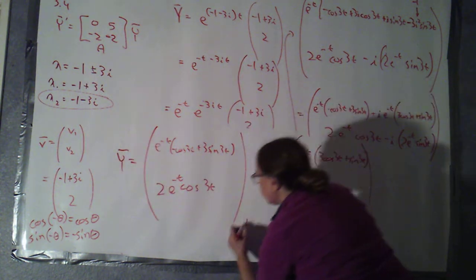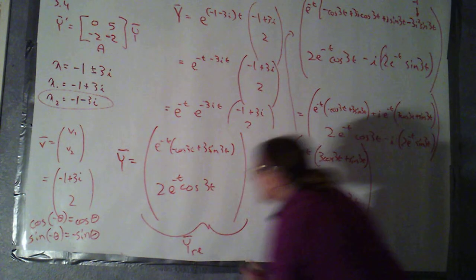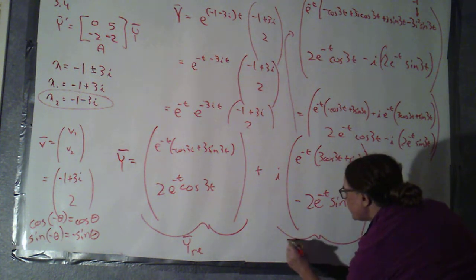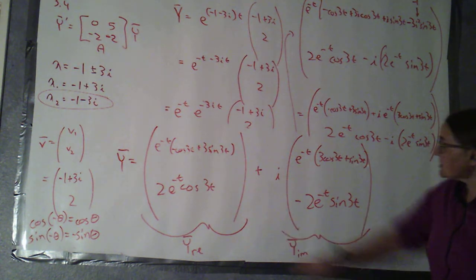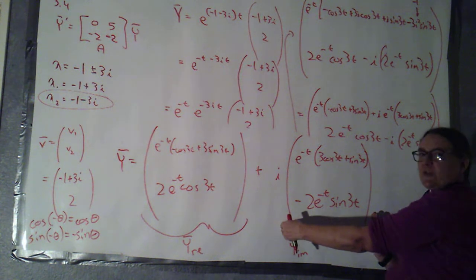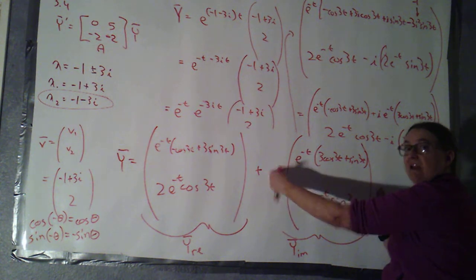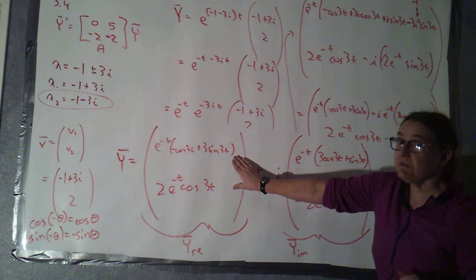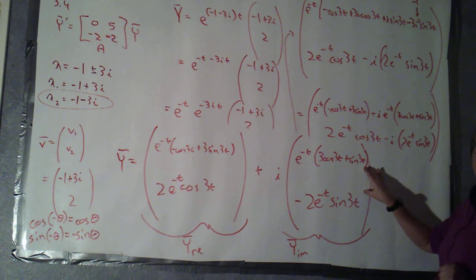Sorry, y is a vector. I can call this the real part of my solution y, and I can call this the imaginary part. But again, just like with complex numbers, the imaginary part is real. It's the coefficient by which we're scaling the imaginary number i. So this is a real valued vector function. This is another real valued vector function.